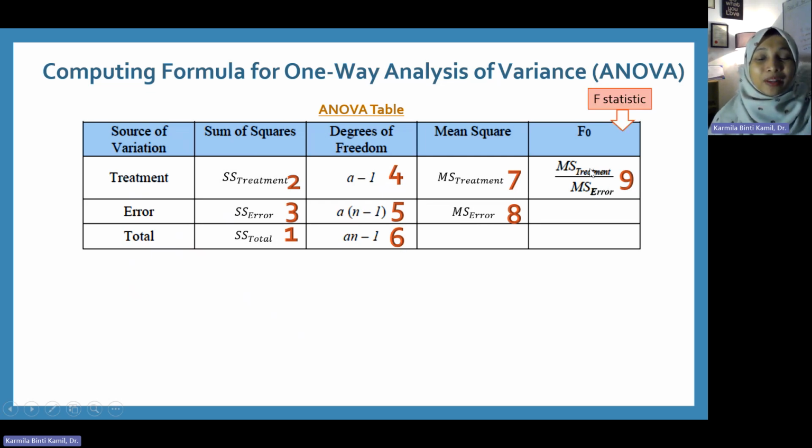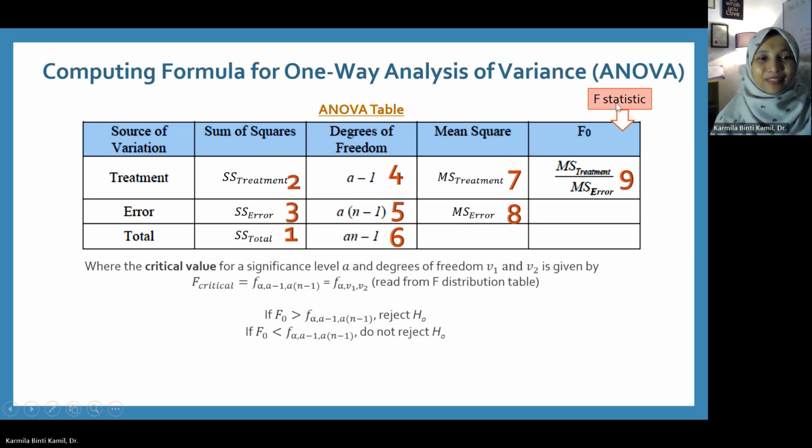So the one that we need to find is actually the F statistic, where the critical value for a significance level alpha and degrees of freedom V1 and V2 is given by F critical equal to F alpha, with V1 equal to A minus 1 and V2 equal to A multiplied by N minus 1, where this F critical value we will find using the F distribution table in the formula booklet.